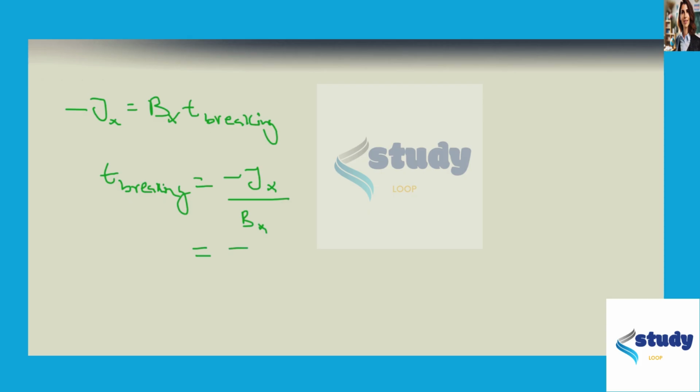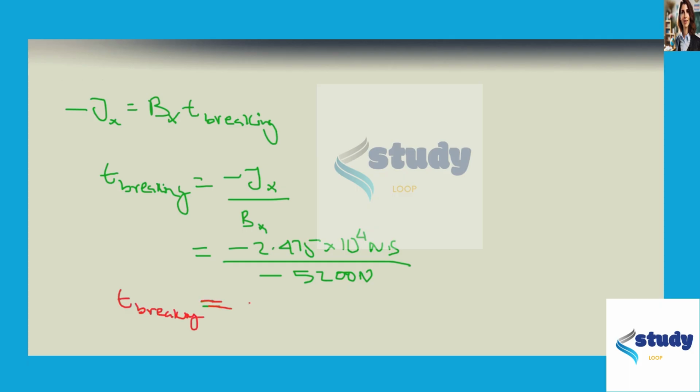The impulse now has become negative, so negative 2.475 times 10 to the 4 newton seconds, and then we divide that by the braking force, which is negative 5,200 newtons, and so we end up getting a braking time of approximately 4.76 seconds. That's part C.